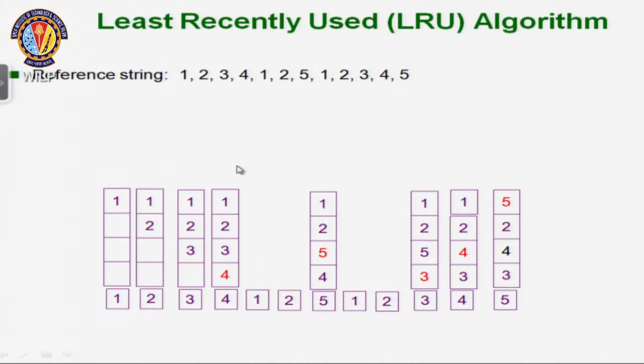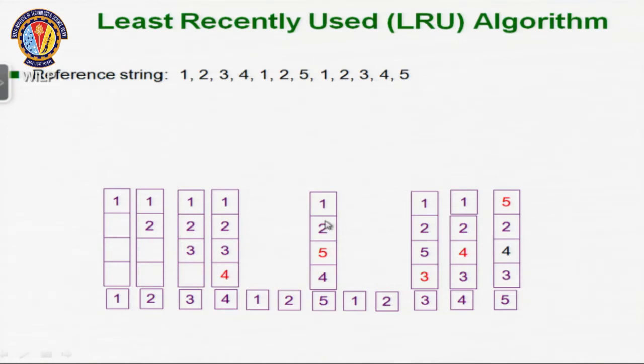Again the implementation is shown with 4 frames. The first 4 references are faults, then 1 and 2 are already there. Now 5 is to be brought. In this case we try to find a frame which has not been referenced for the longest period of time.